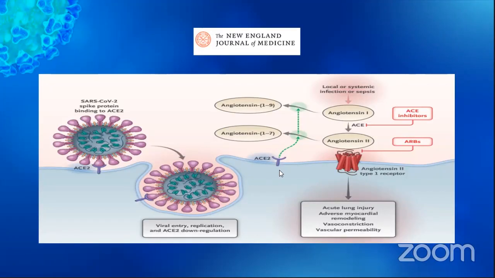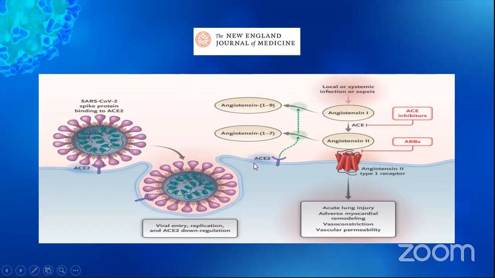This is presented in the New England Journal of Medicine, and it shows the pathophysiology of SARS-CoV-2. It has spike protein, and these spike proteins attach to the ACE2 receptors, and finally they get into the cells, endocytosis, and replication, and finally destroy the cells.